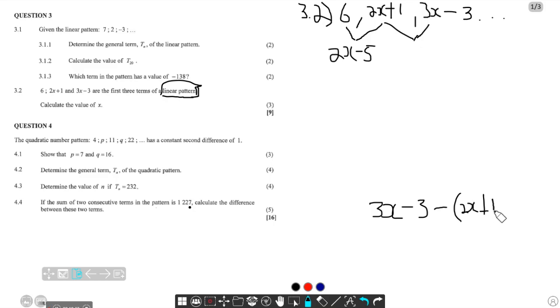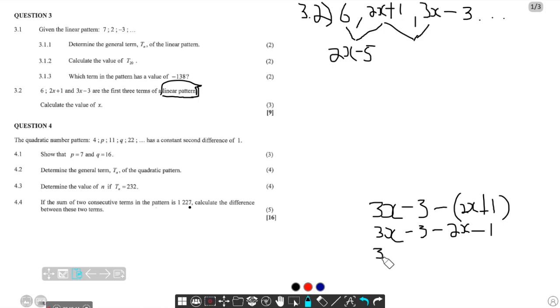So what is going to be our final answer? So we're going to say 3x minus 3, then a negative into a positive is a negative. 1 times 2 is 2x. And we're going to have a negative and a positive, it's a negative. 1 times 1, it's going to be 1.